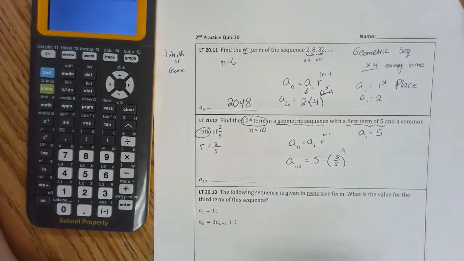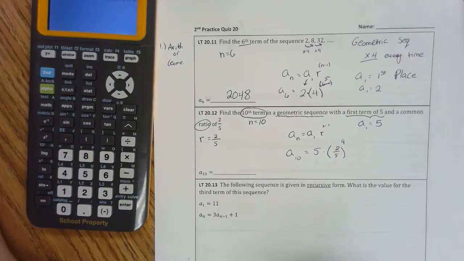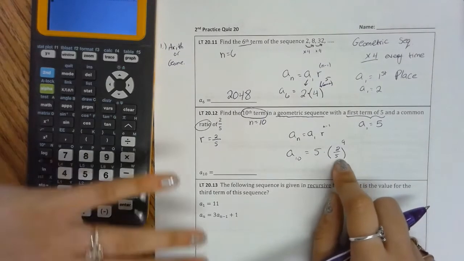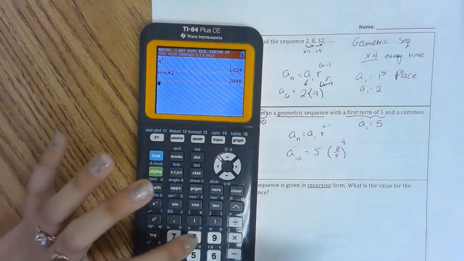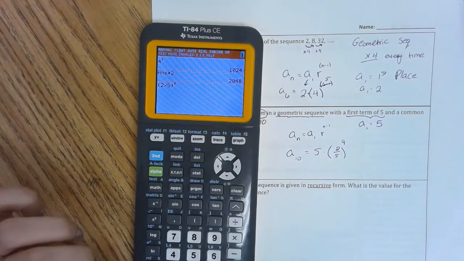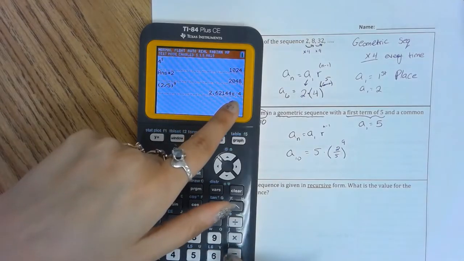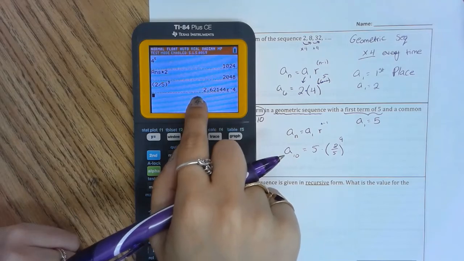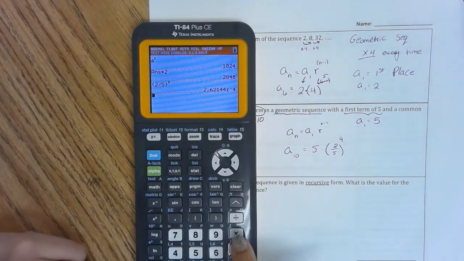Now it's very important, depending on what calculator you have, but just to be safe, make sure your 2/5 is in parentheses when you plug it in your calculator. So it's 2/5, close your parentheses, raised to the 9th power. And it's okay to get e to the -4th. Those of you who took chemistry, you know, you just move the decimal 4 places to the left. But I don't need to do that just yet.